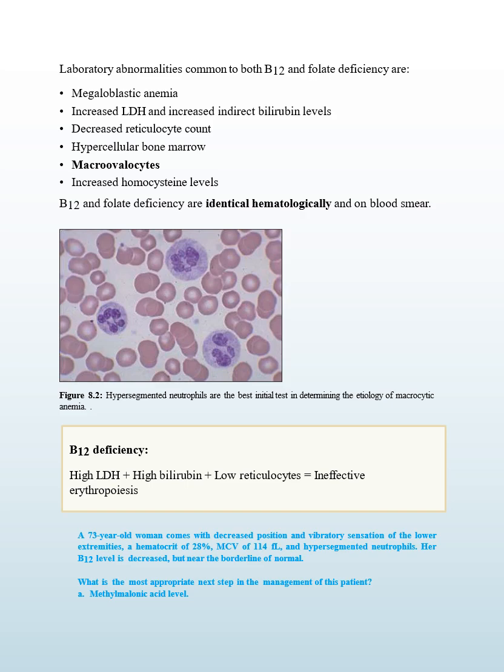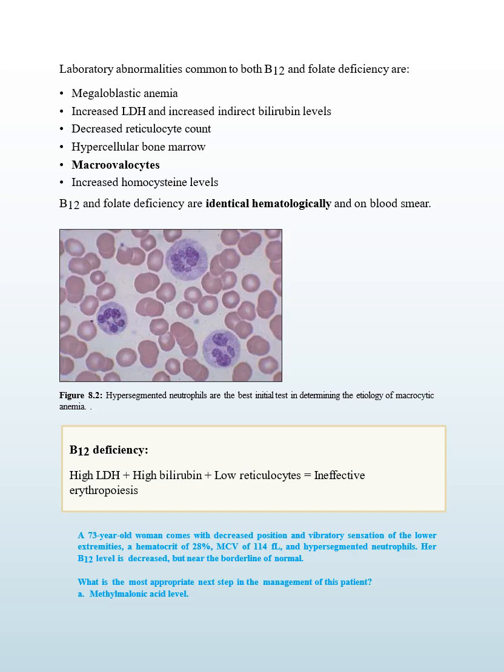The hemoglobin is 8, MCV is 114, and she has hypersegmented neutrophils on laboratory findings. Her B12 level is decreased, but the rest are normal. The question here is, what is the most appropriate next step of management of this patient?